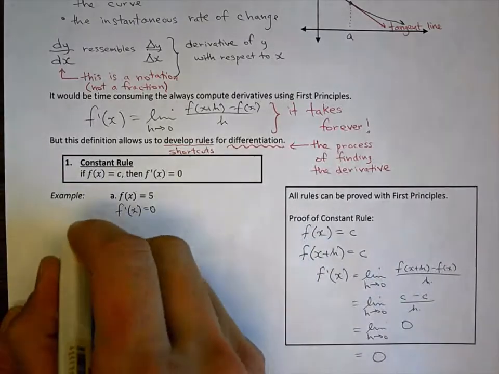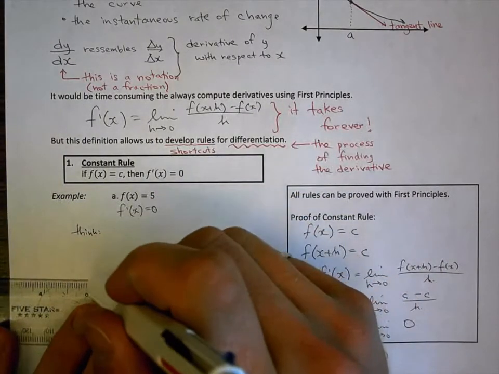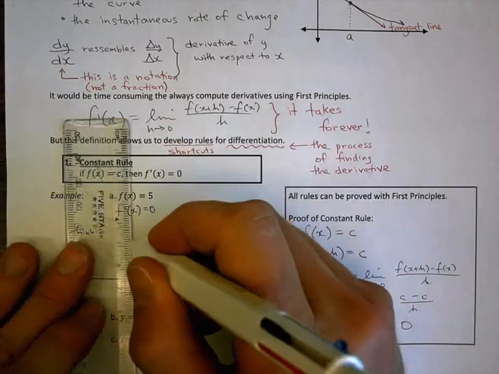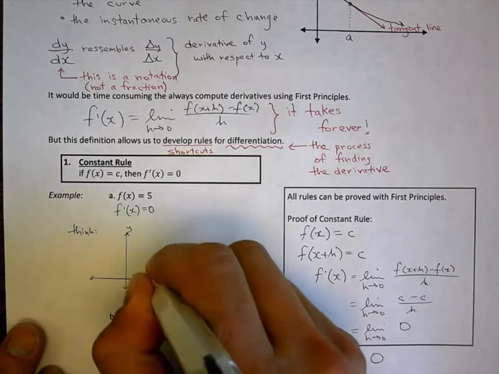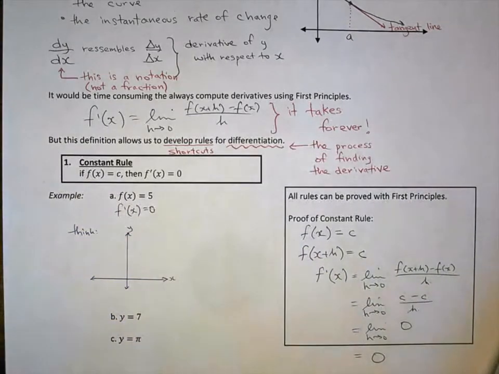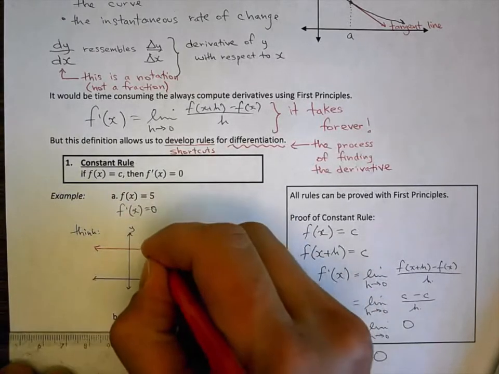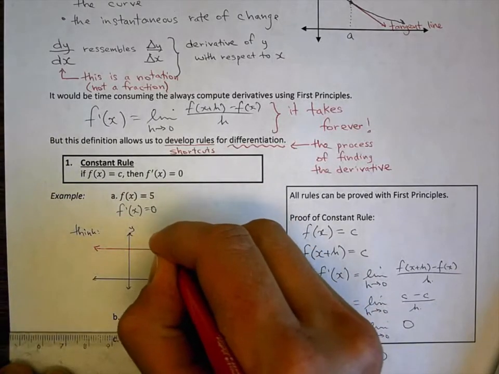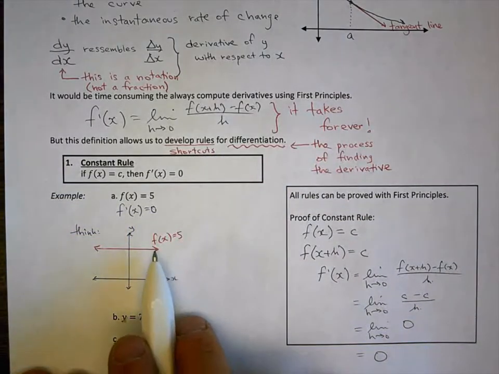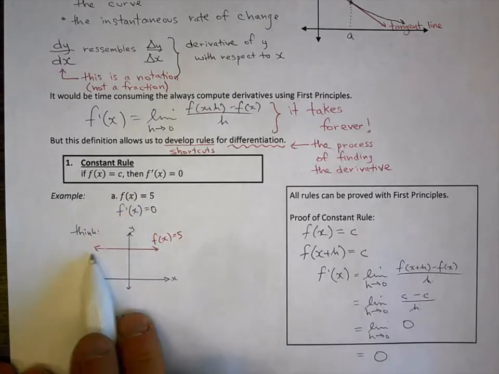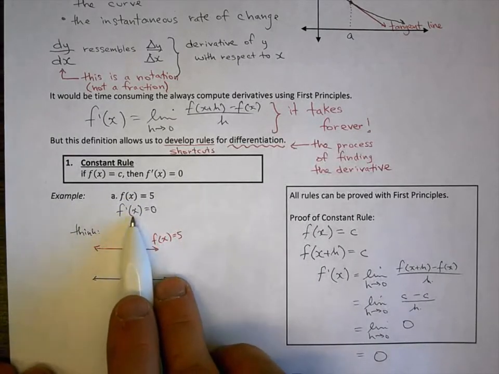Just to kind of illustrate this point, I want you to think just a second. Think about what this graphically looks like. F at x equals 5 is just a horizontal line, right? F at x equals 5 is a flat line. So if I ask you for the derivative, well, remember, derivative just means slope.